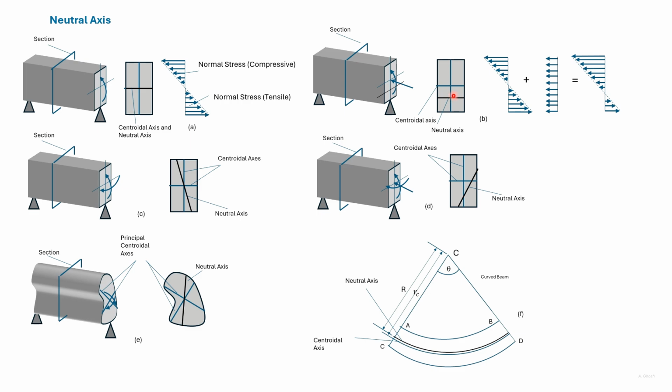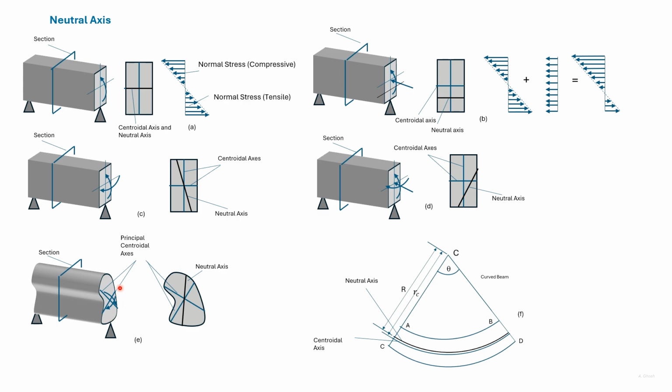Hence, it has attributes of both these cases. With axial force acting along with moments, the neutral axis does not pass through the centroid, as shown here. And with moments acting about both axes of symmetry, the neutral axis is at an angle to the axis of symmetry or centroidal axis.